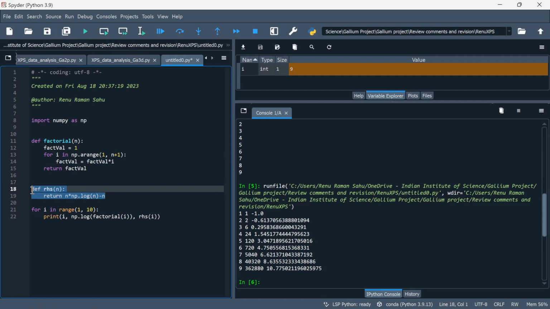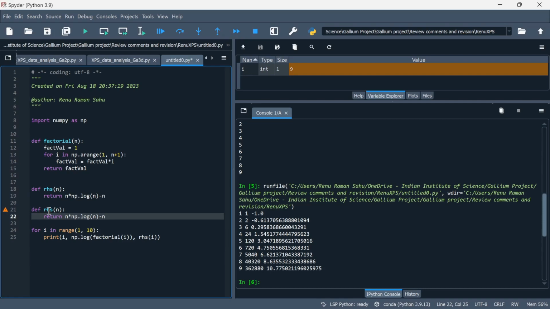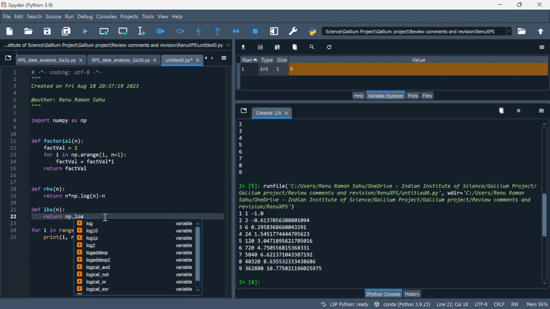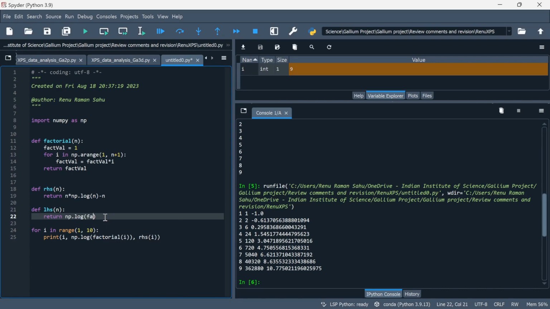So what I'm going to do is LHS and RHS. You are able to understand the code, right? Yes, I can understand the code. So what I'm doing is np dot logarithm of factorial n. This is the left hand side of your Stirling approximation, LHS.